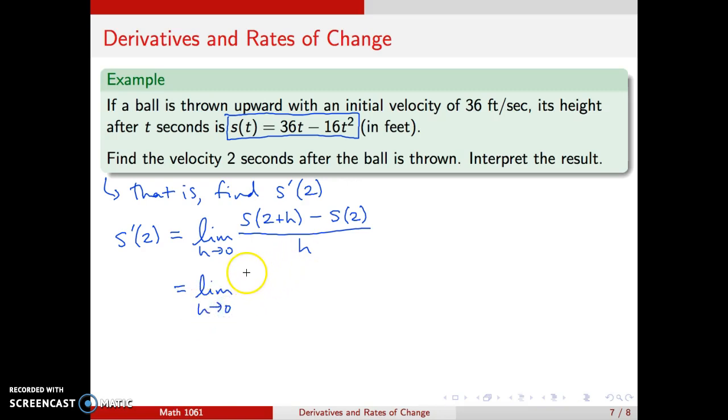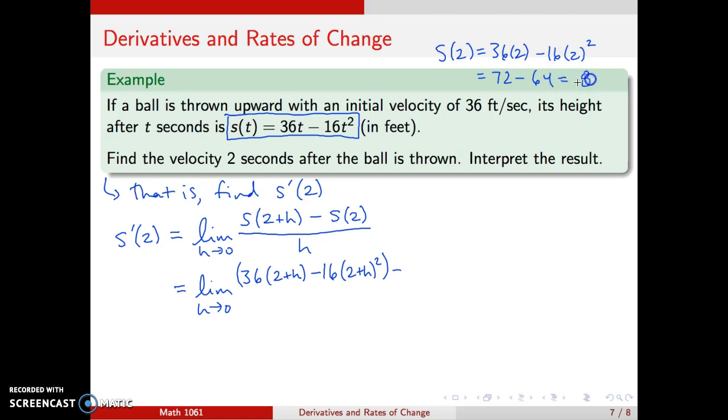All right, so s of 2 plus h is 36 times 2 plus h minus 16 times 2 plus h squared. All that minus what's s of 2? So that's 72 minus, looks like 64, so I think 8. All over h.